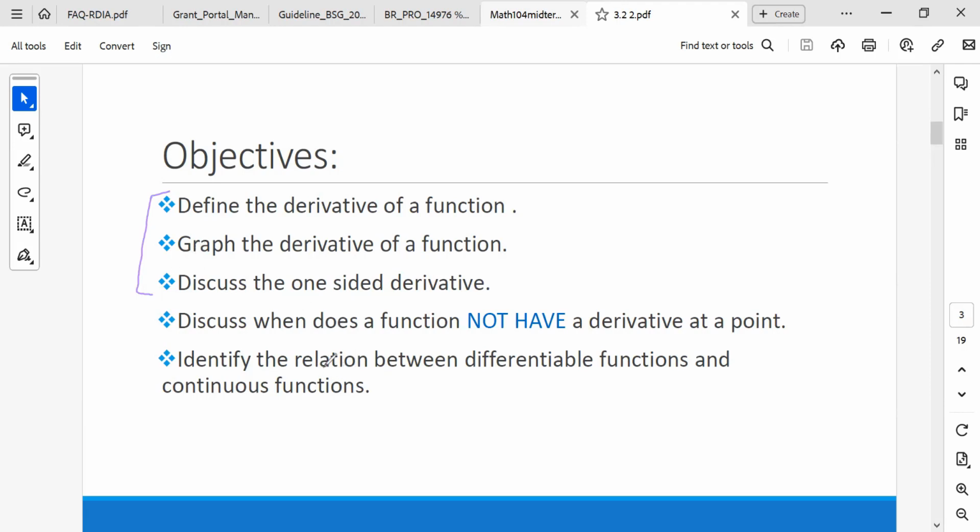But here what's interesting is to see graphically when does a function not have a derivative at the point, and the relation between differentiable functions, so function which have a derivative, and a continuous function. So we'll focus on these 2 points, inshallah.